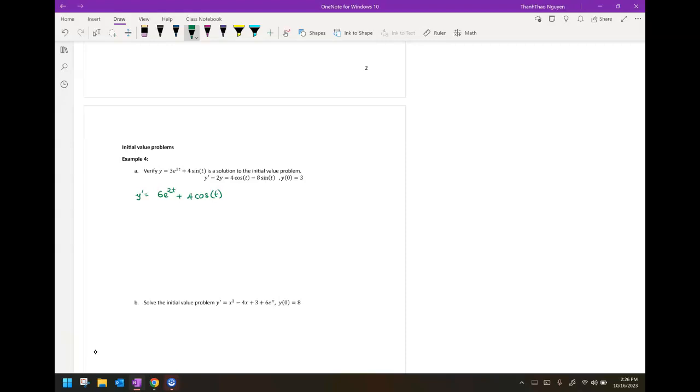Let's go ahead and plug that into the differential equation. Y prime, that be 3e to the 2t plus 4 cosine t minus 2 times y.